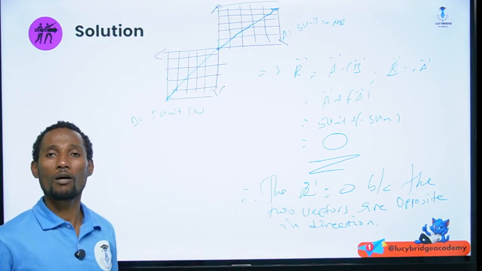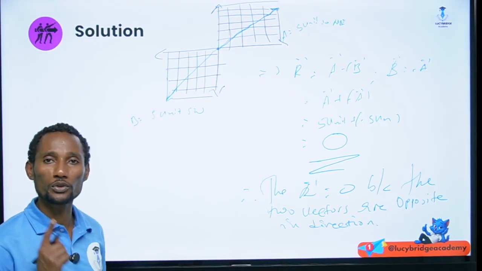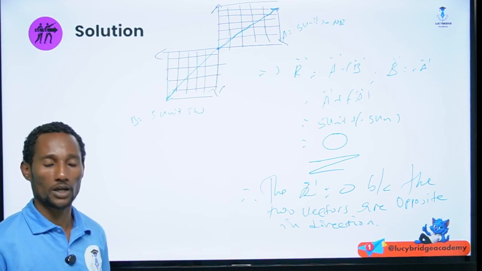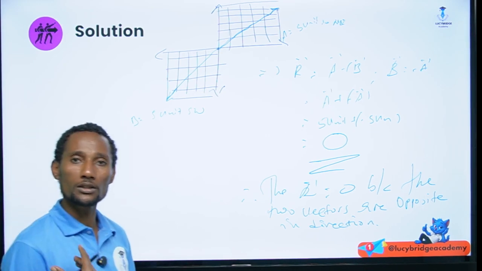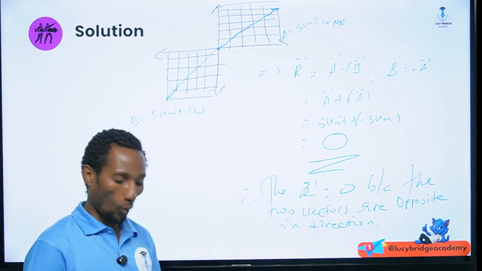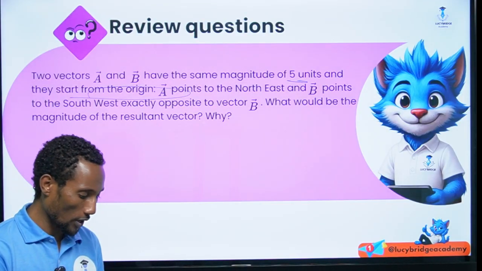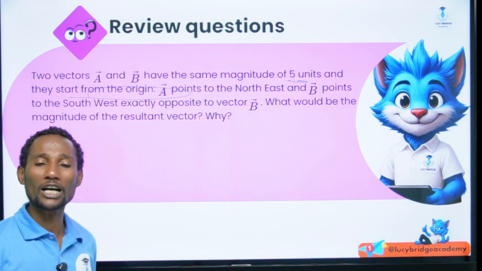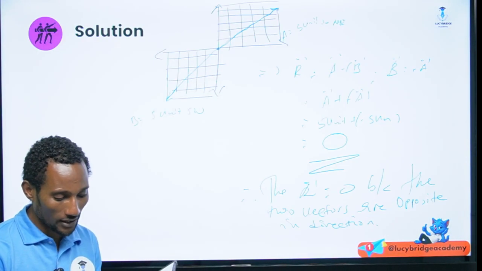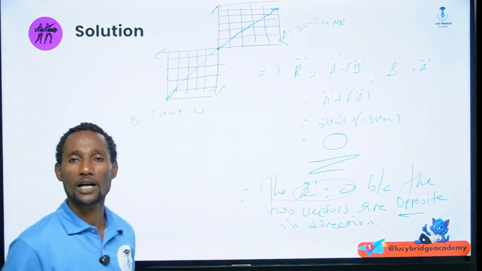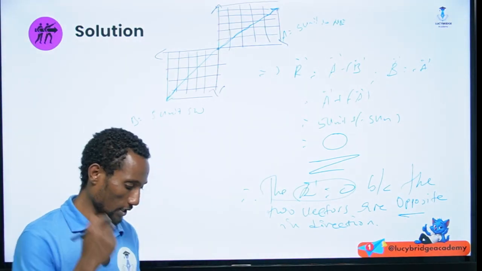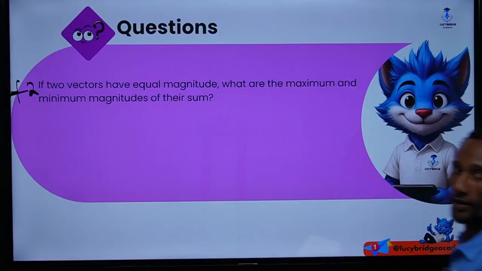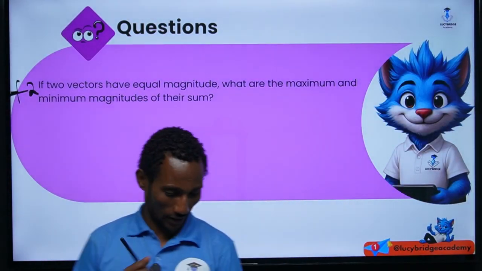The question is, what would be the magnitude of the resultant vector, and why does it result in 0? Because the two vectors are opposite in direction. That is a basic thing, so you have to think about this. Let's continue to the second question.